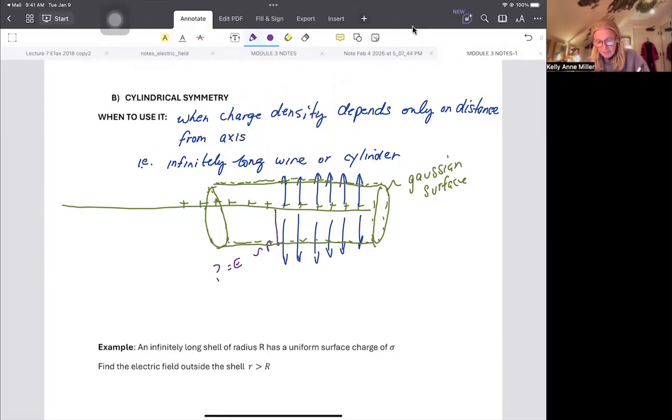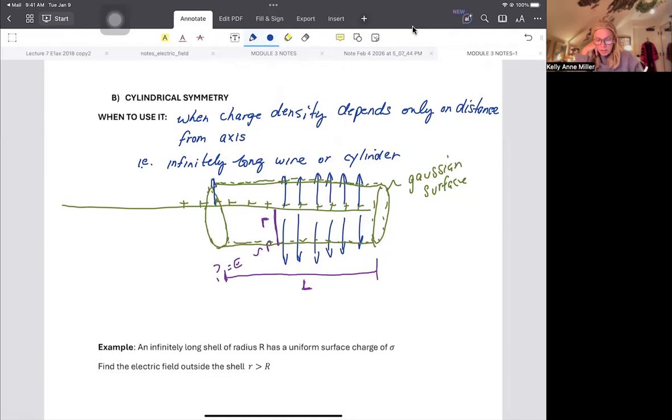P is a distance R from the axis, and the length of my cylinder is L. If you think of the cylinder, there are two parts to it: the curved side and the end parts. At the end parts, the flux is zero.